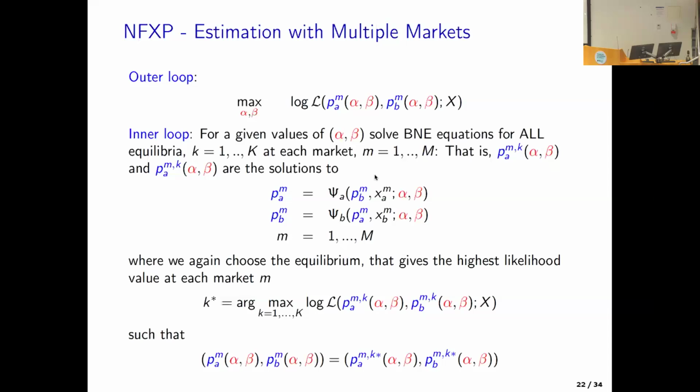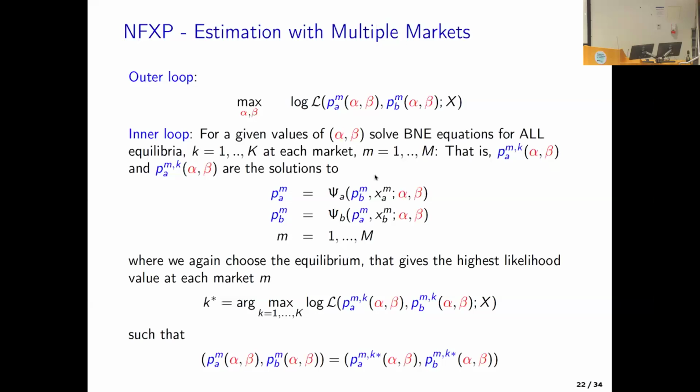Market by market, we solve for all these different equilibria at the different x's. There are also going to be different Bayesian-Nash equilibrium equations that have different equilibria, and we solve for all of them. And now the solutions are going to be indexed both by market and then equilibrium, of course.